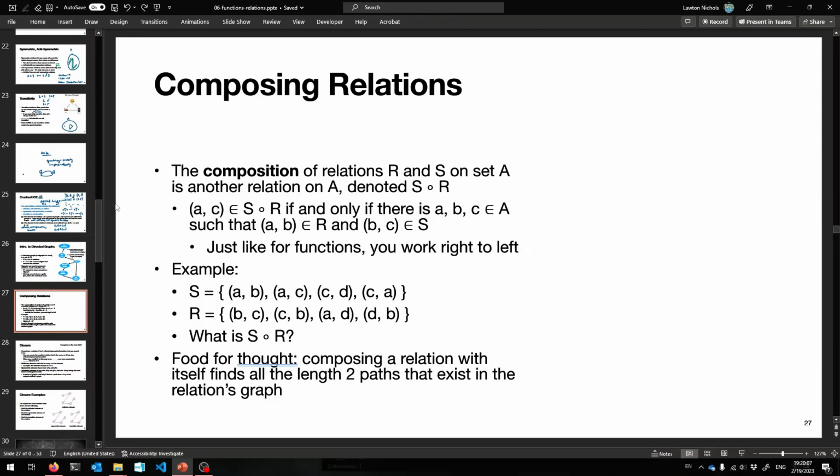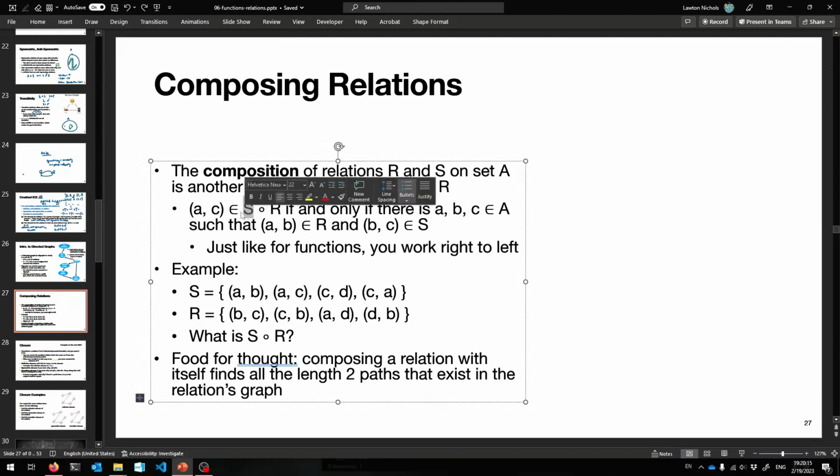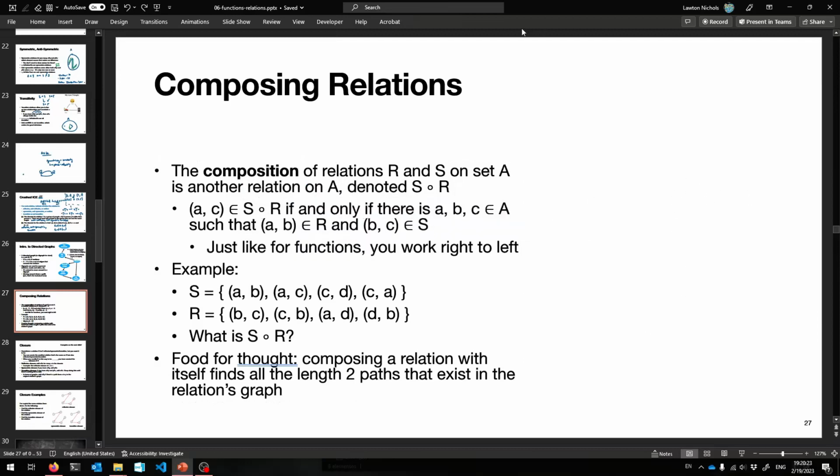You see that? So you work from right to left as usual, running the relation R and then the relation S, and this is saying that A is related to C under the combined relation. If you have this and then this, all right. So it's essentially transitivity.